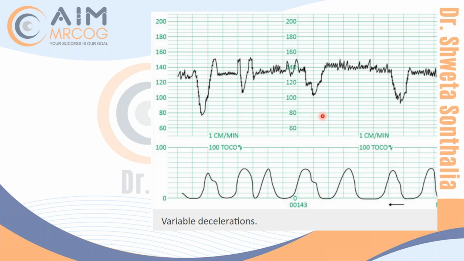Sometimes what happens, I'll give this example, but don't apply it always on your question. Sometimes there is cord around the neck of the baby. So you will see the variable deceleration always with contraction, because when the contraction comes, the cord gets compressed as the baby is pushing down, right? There are many such situations in my own clinical practice. When I did my course, I asked the teacher that sometimes we label it as early deceleration and the baby comes out bad, because we don't act upon early deceleration.